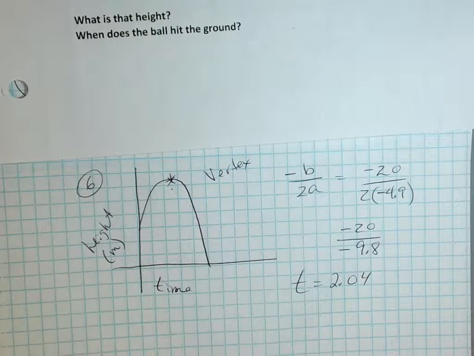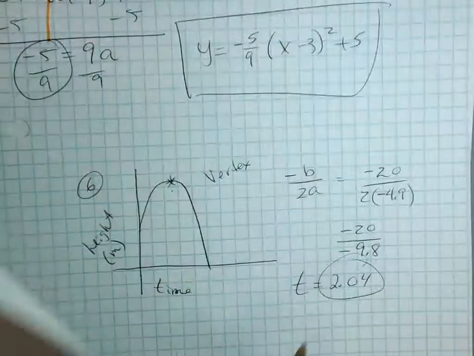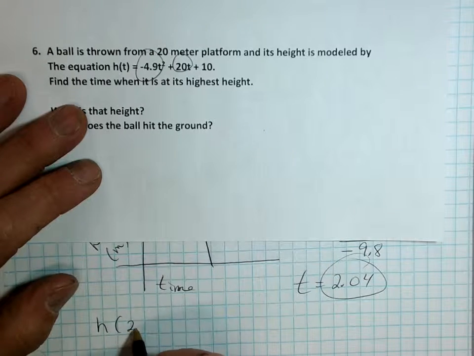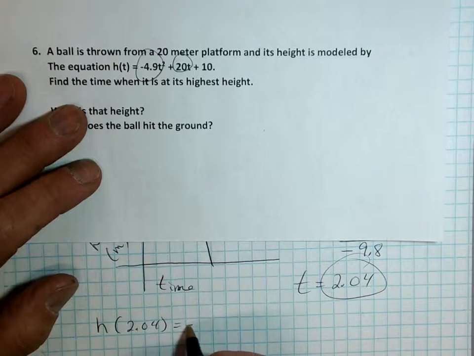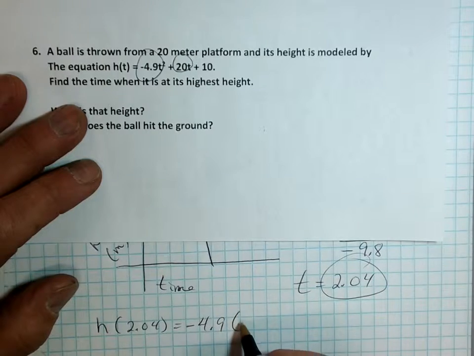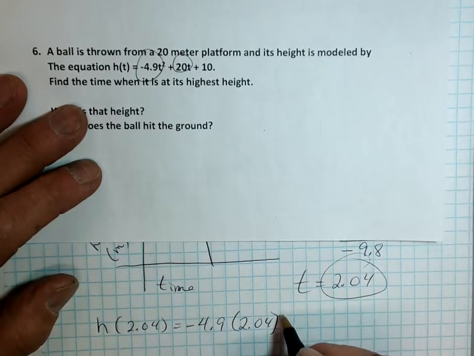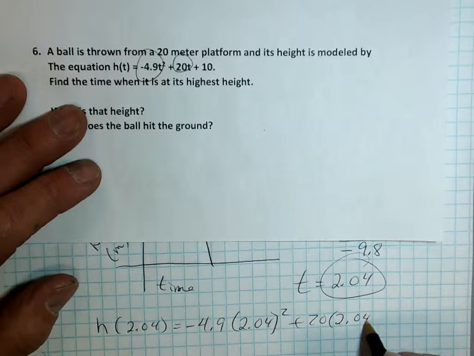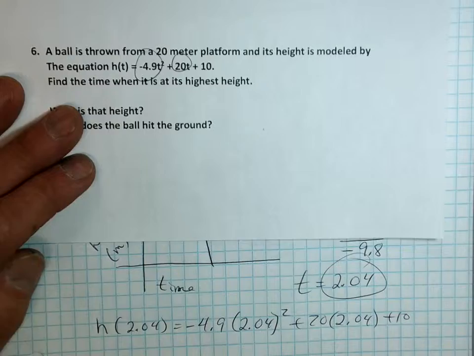Now, that's not the height. That's the time, 2.04 seconds, when it's at the highest height. But to get the highest height, plug it in. So h of 2.04 is equal to negative 4.9 times 2.04 squared plus 20 times 2.04 plus 10, and I'm just going to use my calculator to do that.